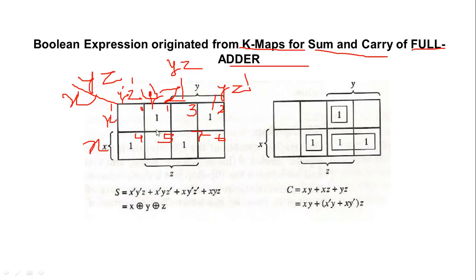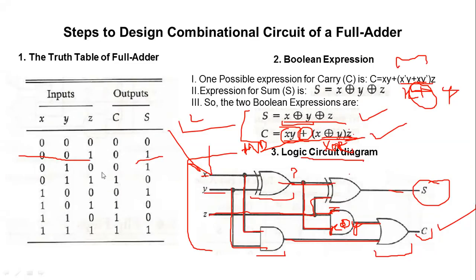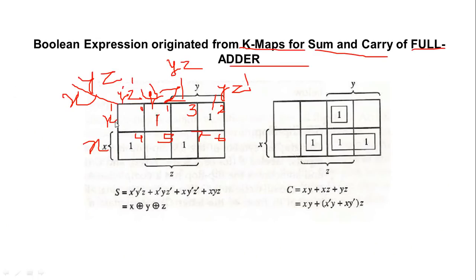This was the case, that's why 1 is provided here. Same if we look further, the second case for the sum is this one, where the combination was x complement, y, and z complement. This is the second one, right?